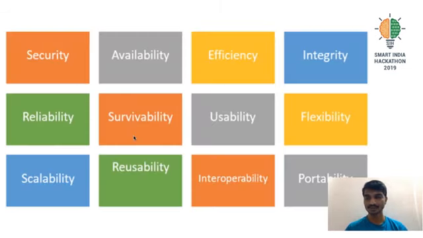So let's see what the different non-functional requirements available are. Starting from security, as we have already discussed, and then availability: whenever the user comes to our application, it should be available, and how efficient it is, its integrity, and then the reliability of our application.